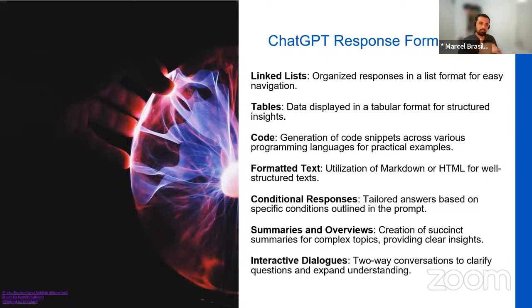ChatGPT will create a list with the topics, and each topic will have new lists. So it's easier to understand the content because it's separated by topic, and each topic has more lists. It's easier than reading a long text. This is my favorite format when I'm looking for knowledge about something.